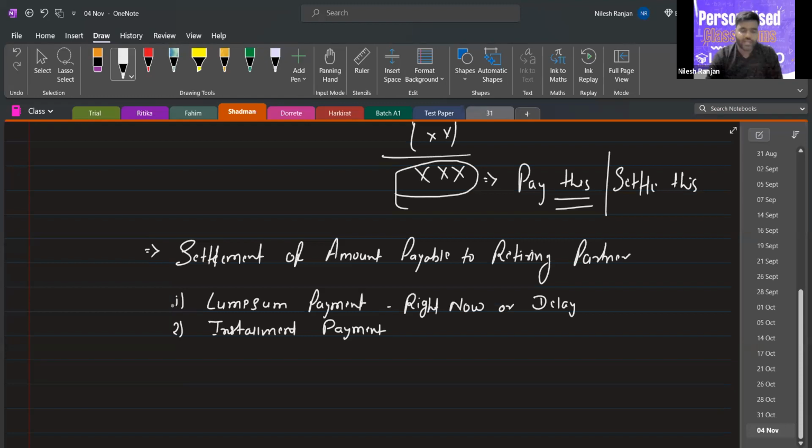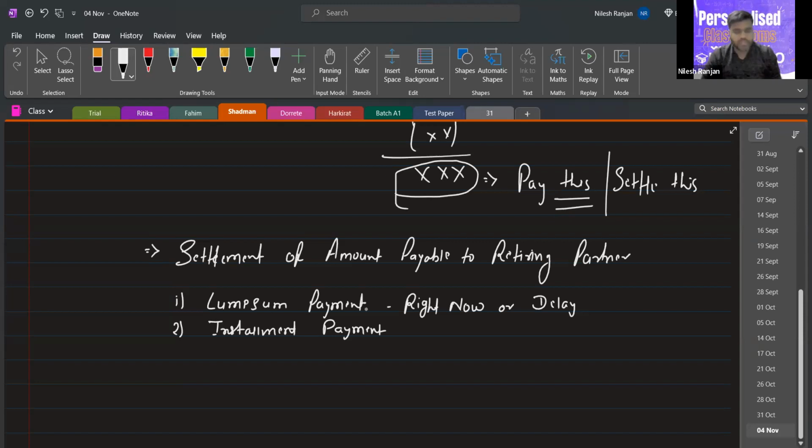That's why I have written these two under lump sum payment, because these are lump sum. We can pay it right now if we have money, or wait for some time and pay it in a single installment. So both of these are single payments.